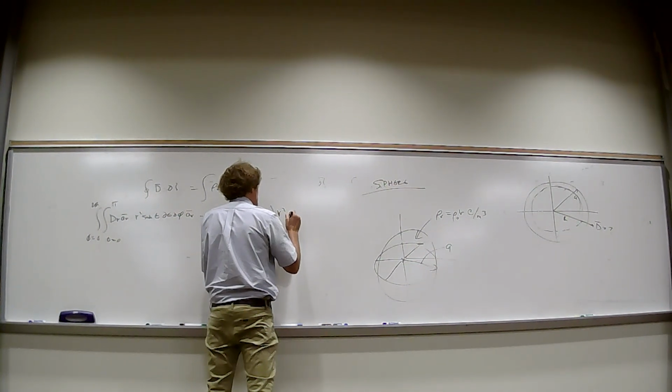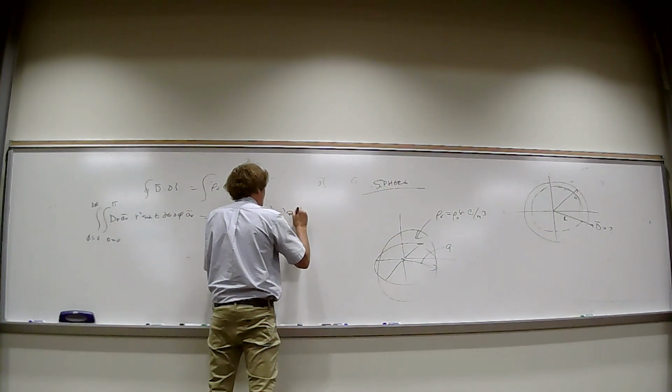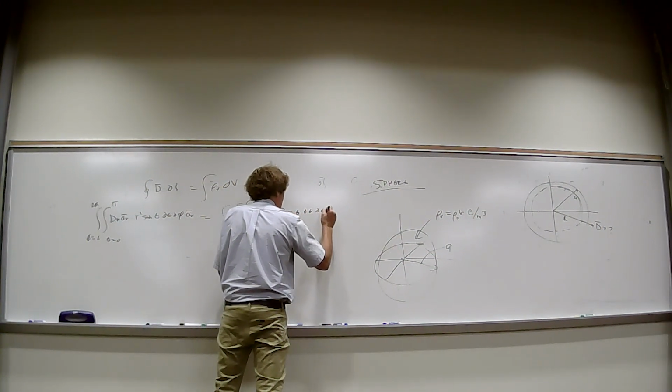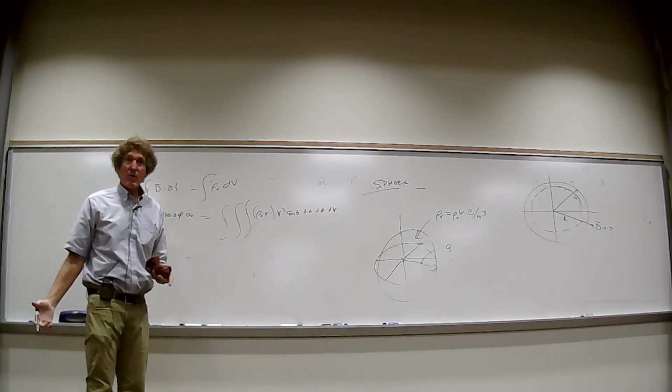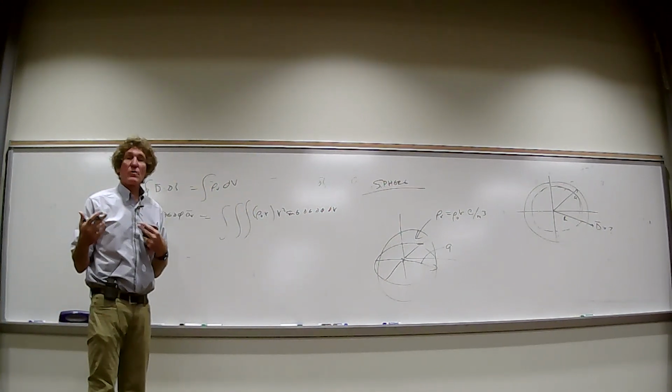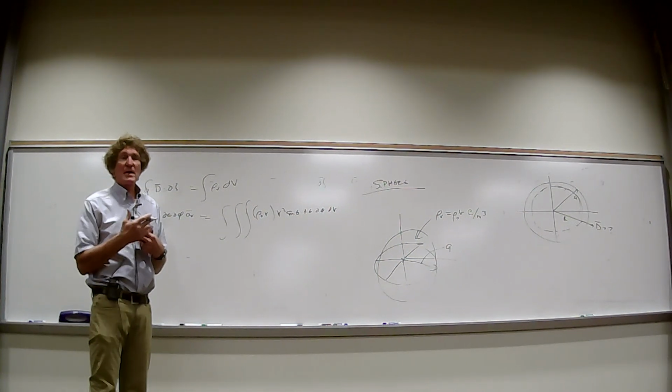Differential volume is r squared sine theta d phi dr. And now I have to put the limits on this. Do y'all follow me? It's a differential volume in spherical coordinates. You've had this in physics and stuff. You may not have used it a lot, but you're going to have to get real familiar with it.